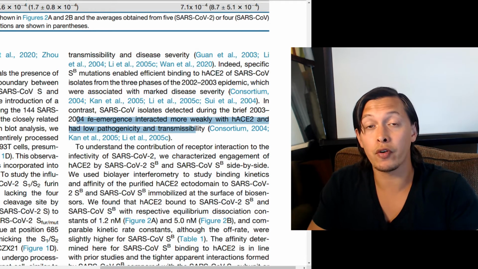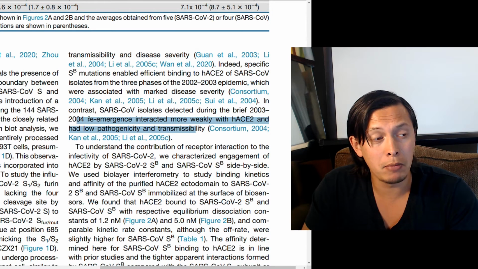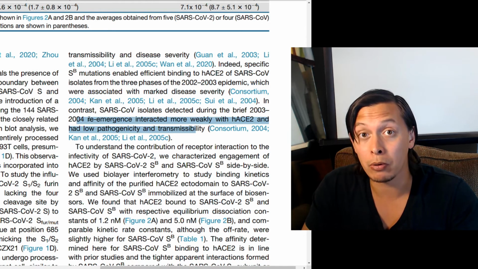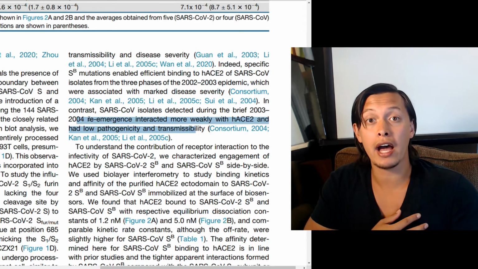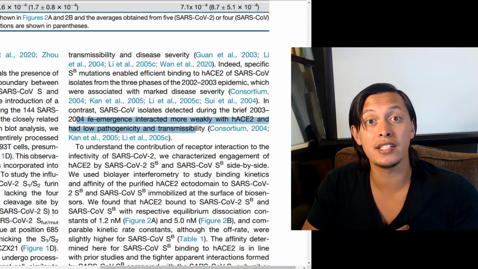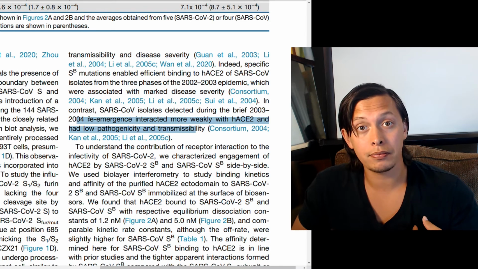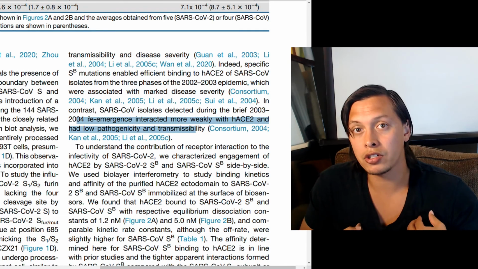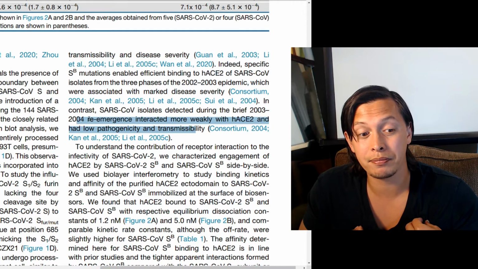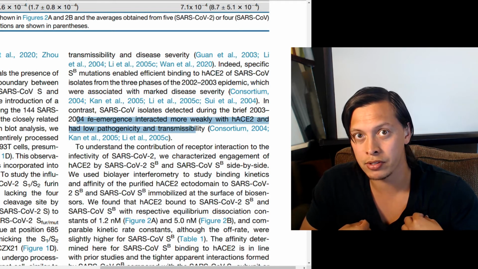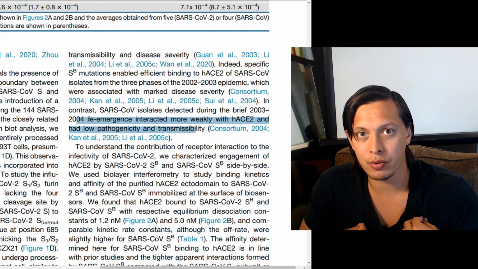So for instance, multiple studies have shown that half of asymptomatic people who contract this coronavirus still have the ground glass opacities or still have the signs of pneumonia in their lungs. And we still don't know what the long-term consequences of that are. We also don't know what the long-term consequences of the antibodies that we produce are.